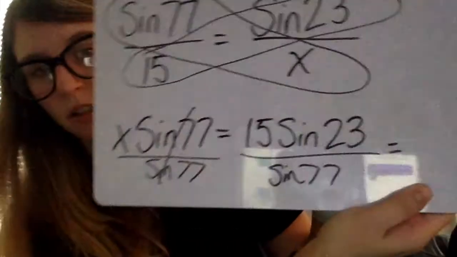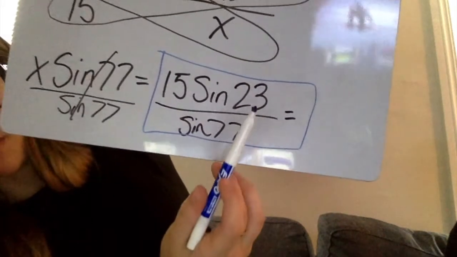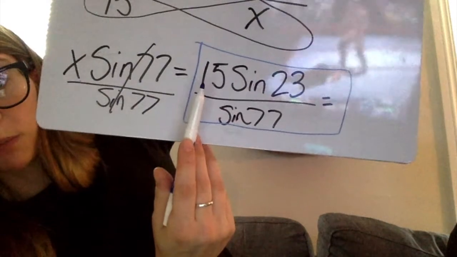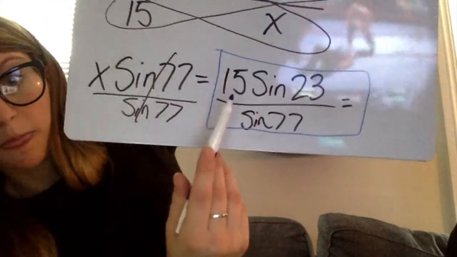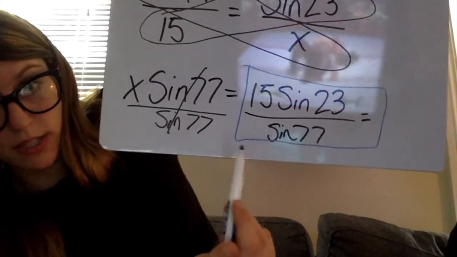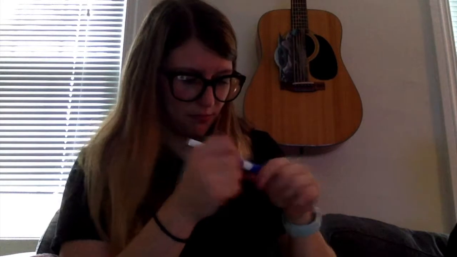And then if I have 15 sine of 23, remember, let me put a blue box around it so you can see what's going on. I want to type that in. I'm going to type in the 23, then hit sine, multiply it by 15, then hit divide, parenthesis, 77 sine.